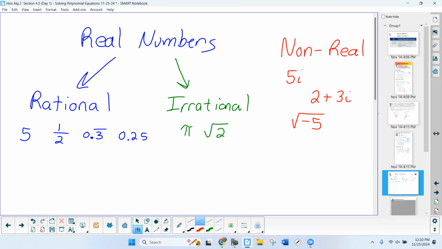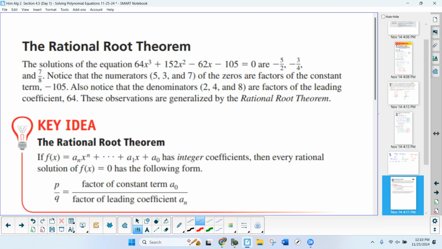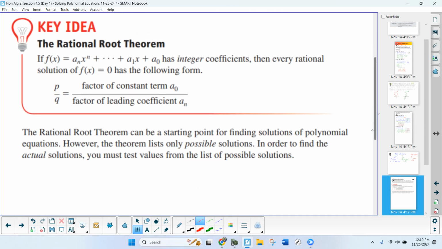So the first theorem we talk about today is what's called the rational root theorem. And it's basically right here.